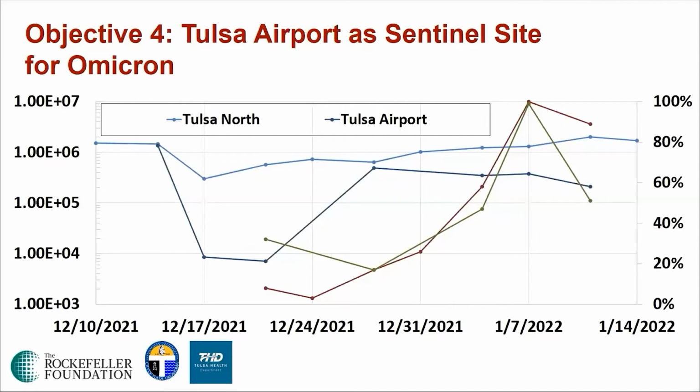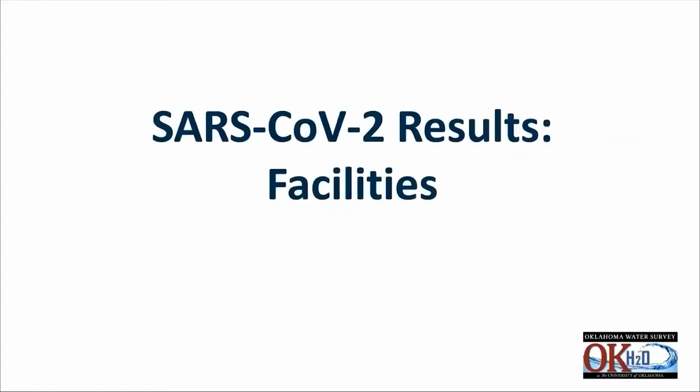By the time we were able to continue, Omicron came in pretty quickly, and we were able to see there that after a little while, the airport was the same as the surrounding community, but it did appear to be a sentinel site at the beginning, and we hope to, hope is maybe not the right word, but if we have another potential wave of another variant coming into Oklahoma, we would like to be able to utilize the airport as a potential sentinel site for that.